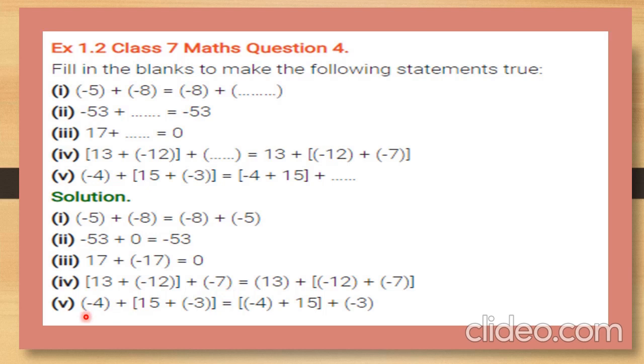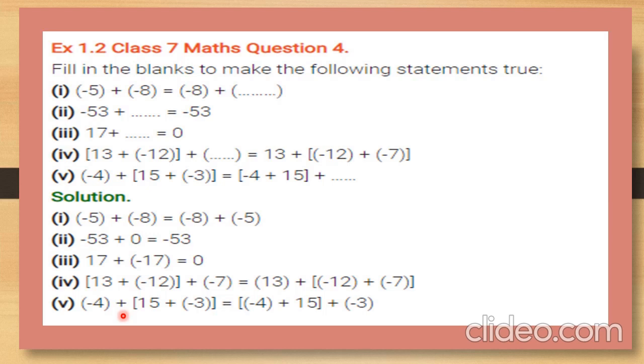Similarly, fifth one, minus 4 plus (15 plus minus 3). So in this bracket what will you get? Here also the same way, 15 plus minus 3. That means 15 minus 3. How much? 12. So minus 4 plus 12. 1 minus and 1 plus.